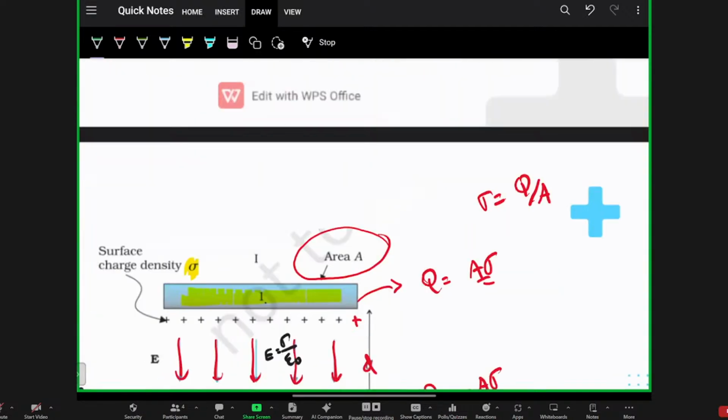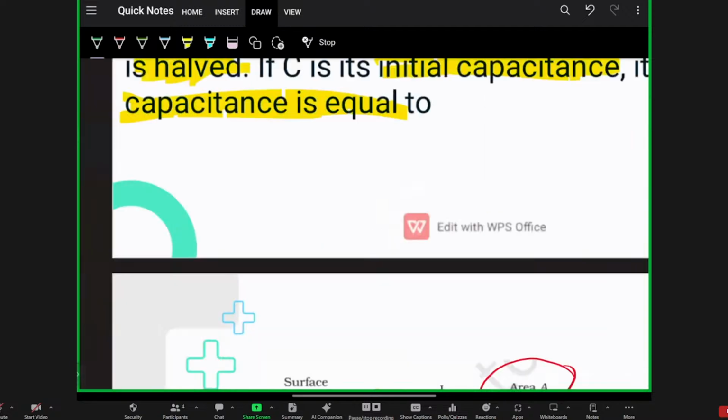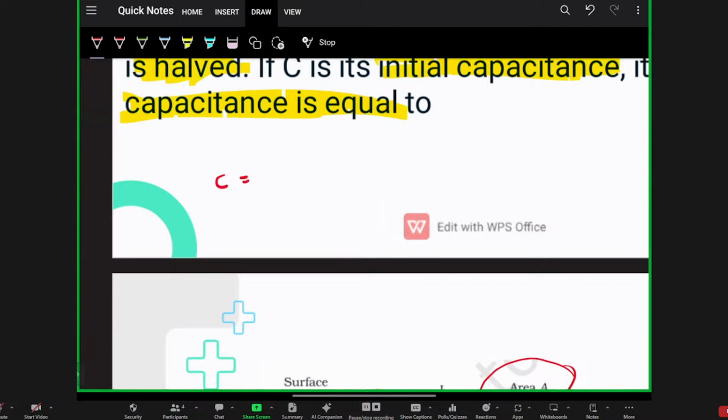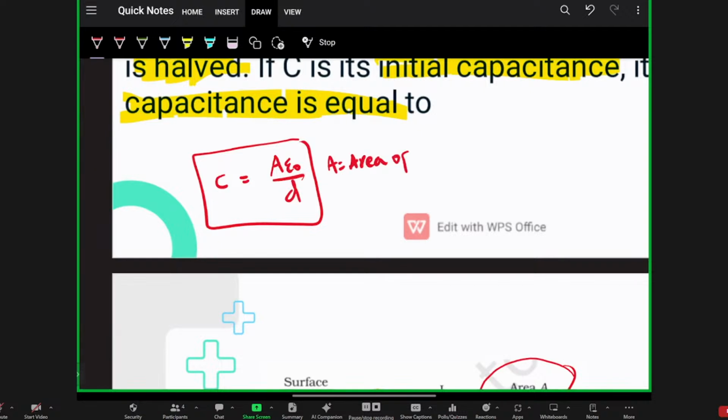Okay, that's clear. So that's the formula for the capacitance of a parallel plate capacitor, that is C is equal to A epsilon naught divided by D, where A is the area of each plate, D is the distance between the plates, and epsilon naught is the permittivity of free space.